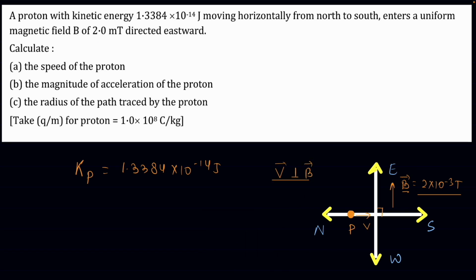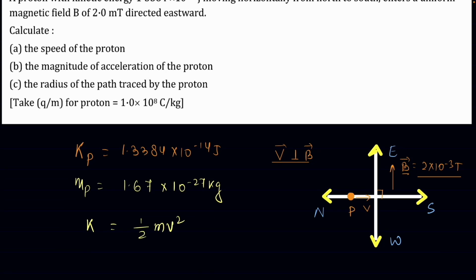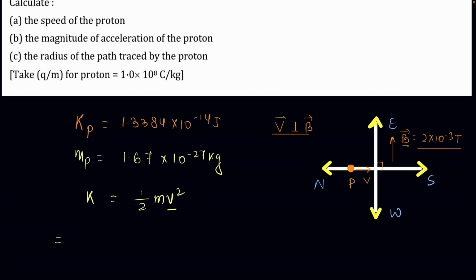Now in the first part of the question, we have to find the velocity of the proton. We have to know that the mass of the proton is 1.67 × 10^-27 kg. And kinetic energy is equal to half m v square. So based on this information, can we find the speed of the proton? Let's substitute the values.